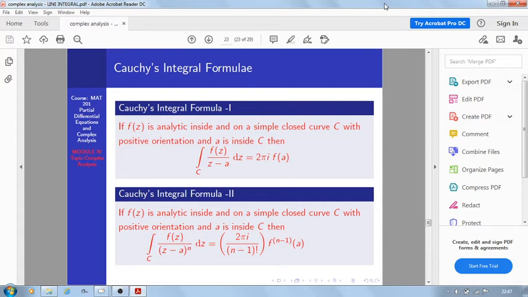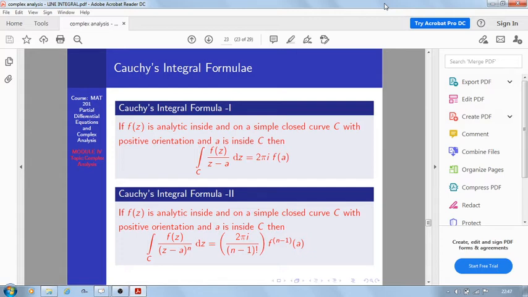Now when we come to Cauchy's integral formula, again the function f of z is analytic inside and on a simple closed curve C. And here the difference is we are considering the integral of f z divided by z minus a.